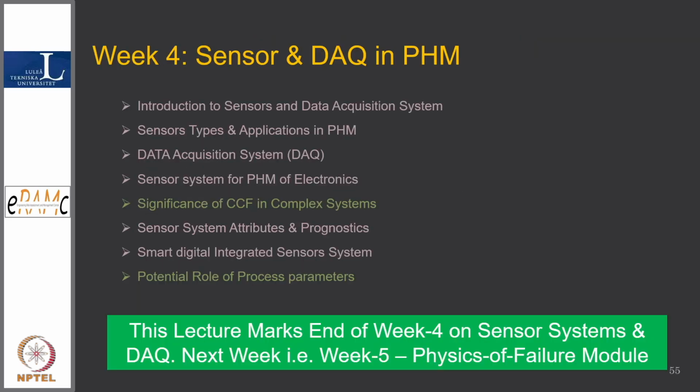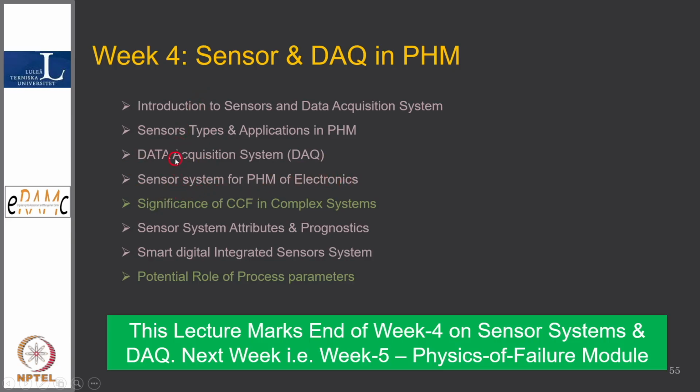So now if you conclude week 4, we have studied sensors and data acquisition system in PHM. First presentation was introduction. Second was sensor types and their application in PHM. Third, we focused exclusively on data acquisition system and sensor system for PHM of electronics. That was one part.